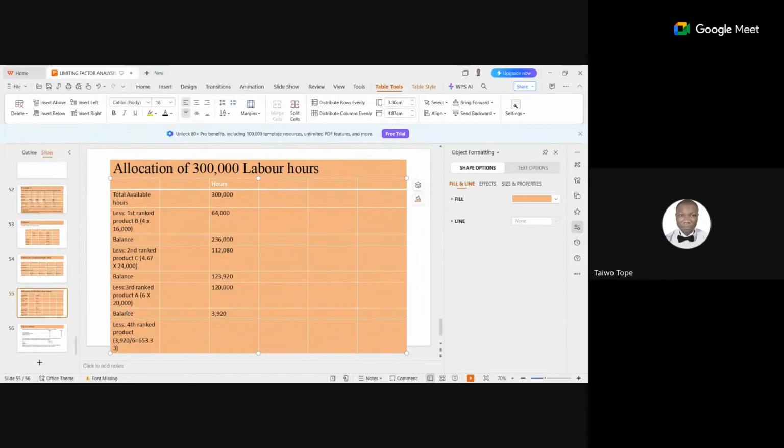using 3,920 hours. So it will now be what? 6 multiplied by 653.33. The result will be what? It should be 3,920, but due to approximation, 653.33 times 6, yes, approximately it will be 3,920.